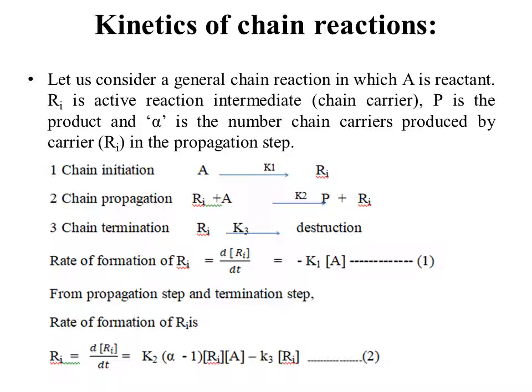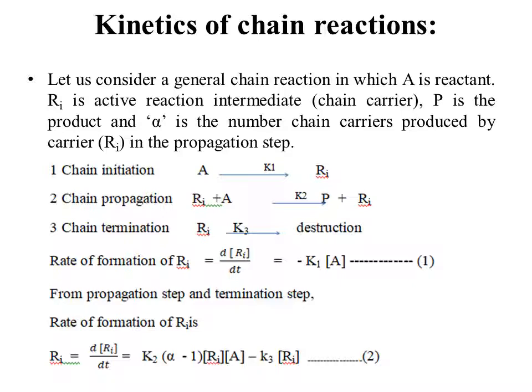Now let us consider the reaction proceeds in three different steps. The first step is the chain initiation, that is, A will produce the active reaction intermediate, the chain carrier Ri, with the rate constant K1.